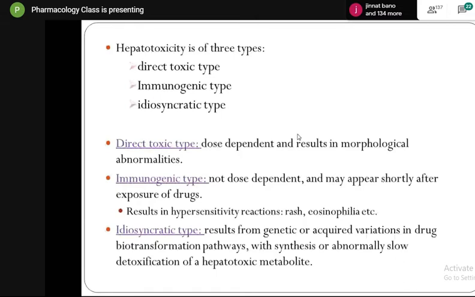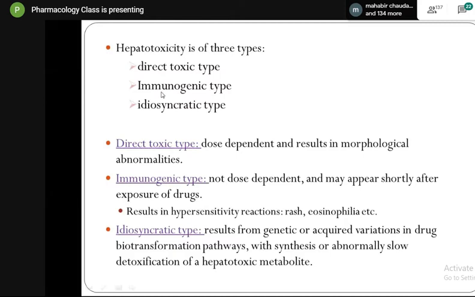Basically, hepatotoxicity due to the use of drugs can be divided into three types. One is called the direct toxic type, which is a dose-dependent effect of the drugs on liver function. Next is the immunogenic type.